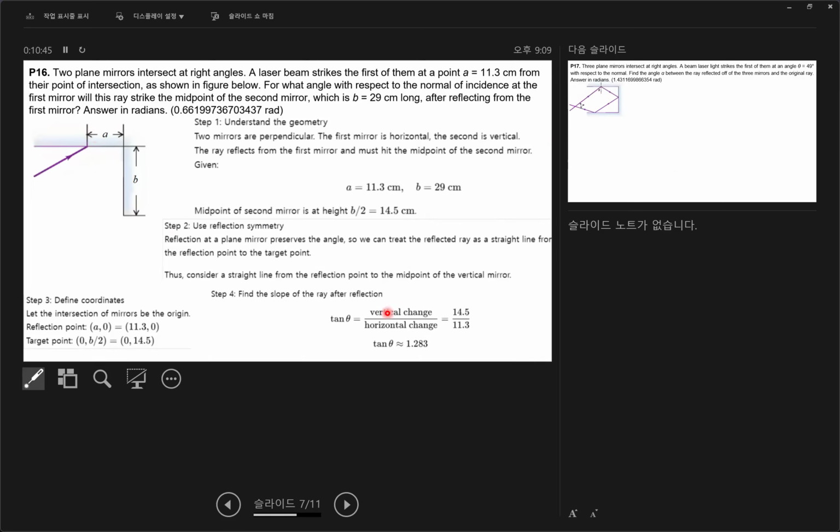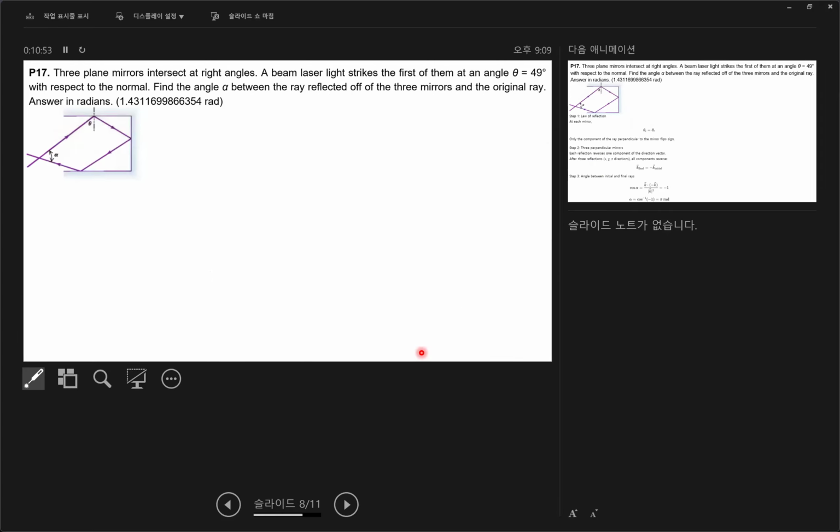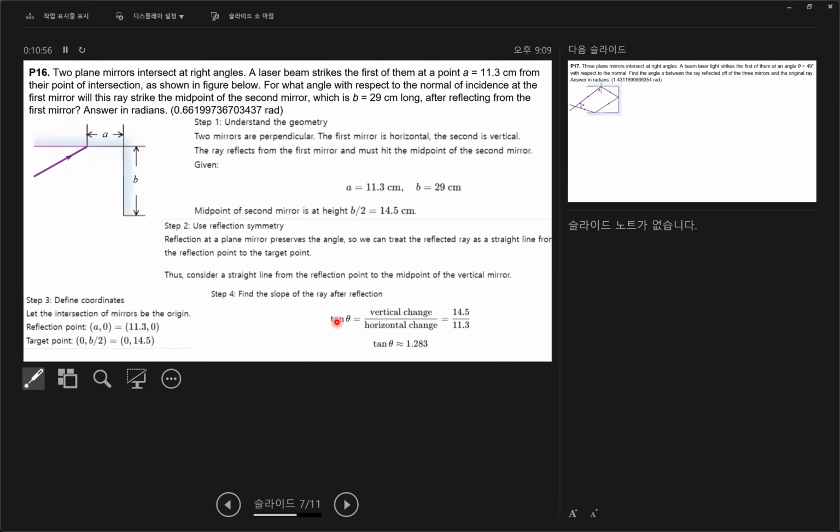So it is a, and then the half point, this is this angle. And then this is theta, and we can find it from this one. We take the arctangent, get the number in degrees, and then convert it into radians. Okay.